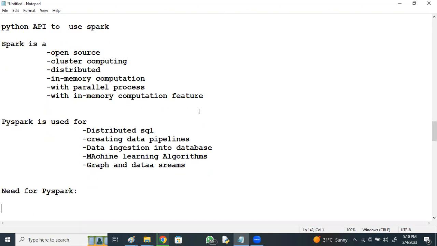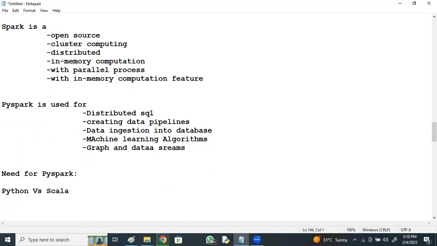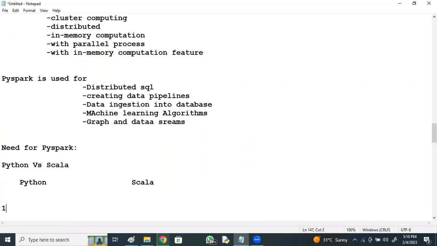For Spark, Python and Scala both are used, right? So which is the more preferable, Python or Scala? Python is dynamically typed.